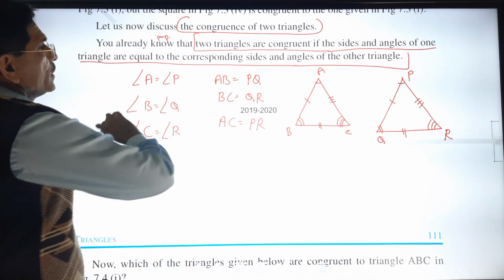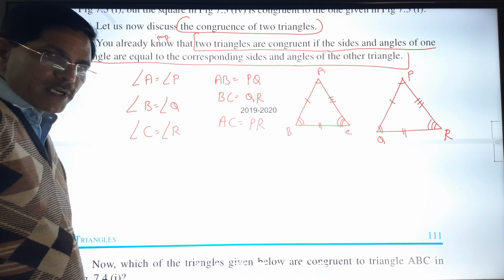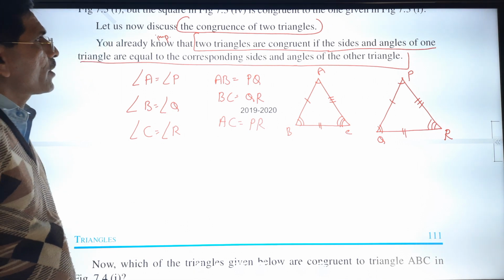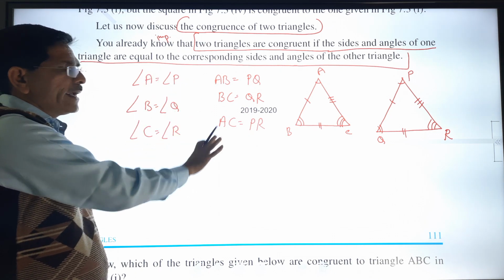Write this, because it is important when we start any concept related to triangles. Draw this figure and write the concept of angle and side.